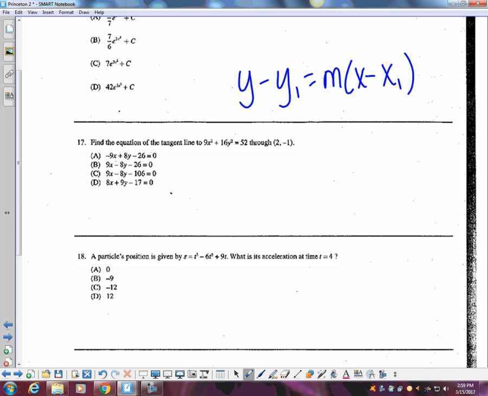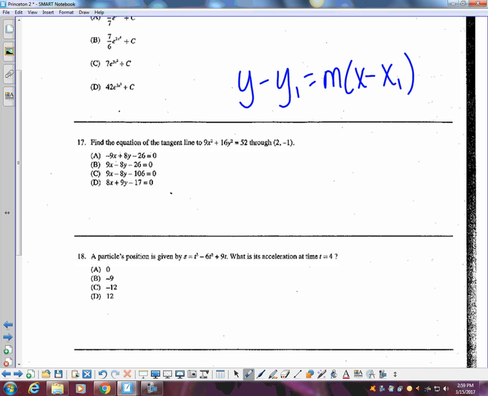Remember him? So we're going to find the slope, which is what we just did in the last problem. And then I'm going to take my slope and the point that they gave me and plug all that mess into y minus y1 equals m times x minus x1. And then I just got to clean it up to make it look like they want it to look. Okay? So first things first, let's find the slope.